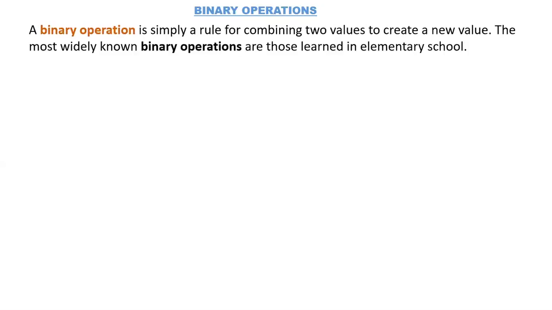So we just use these operations to combine two values in order to come up with one value. Let's take, for instance, if you have 2 and then you also have 3, and you want to add them, it means that you're going to have this operation, and then you have your answer to be 5.